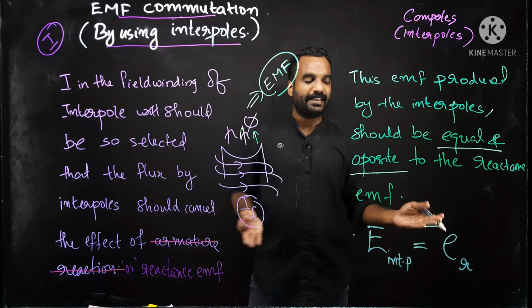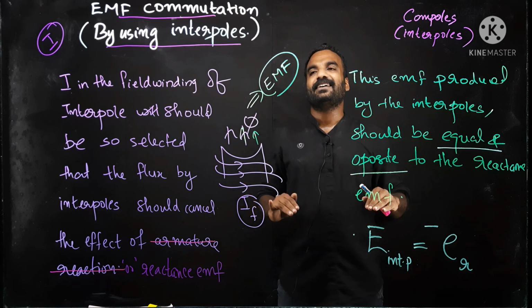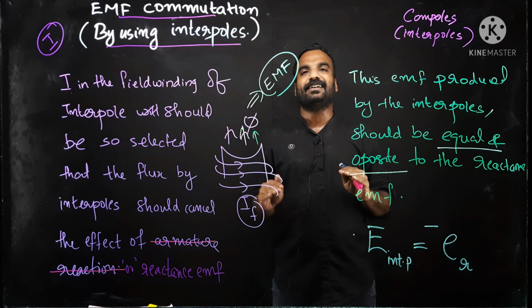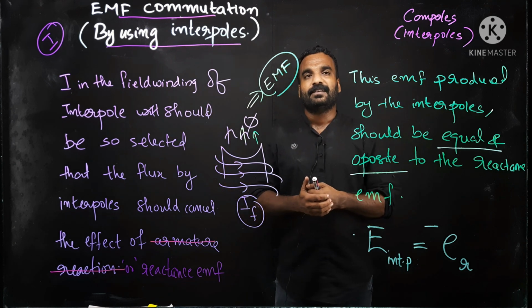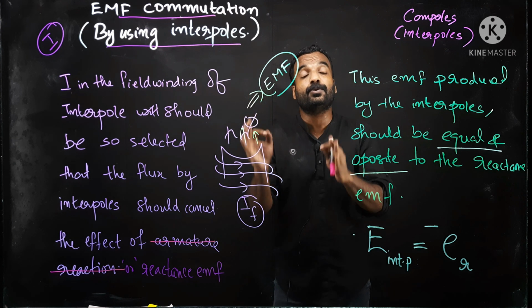Then what happens? It will cancel. If it is cancelled, now reactance EMF is 0 inside the machine. Reactance EMF is 0 means there is nothing present in the machine to delay your commutation.